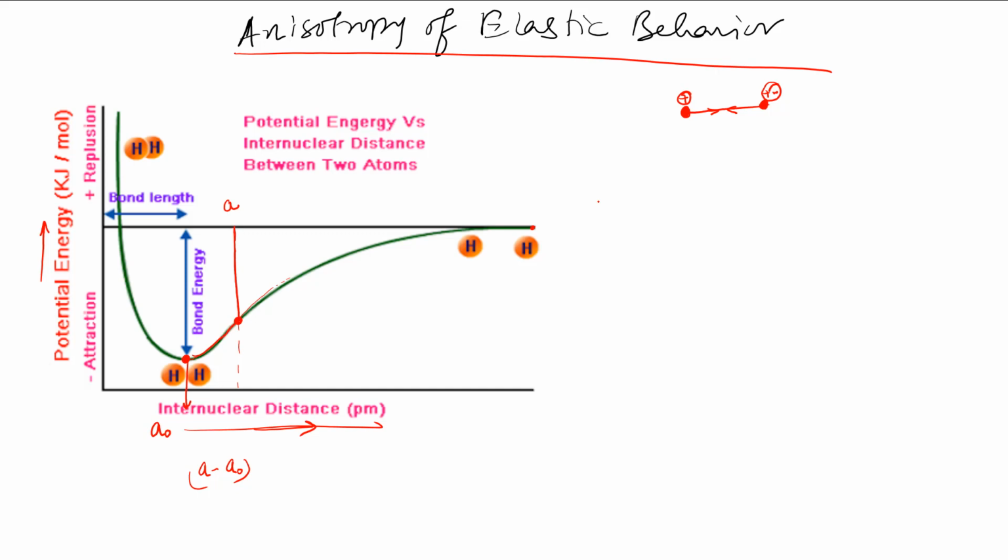So we can say that this potential energy, which we represent as phi, is a function of distance.